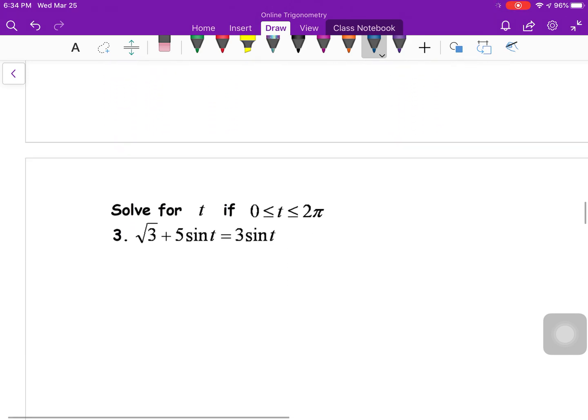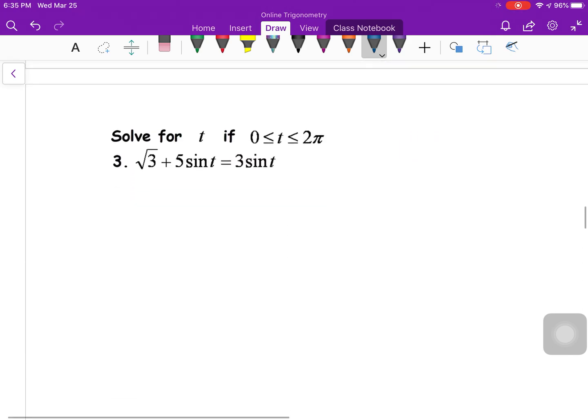Let's take a look at a third example. Now, this third example is a little bit more complicated because in this third example, we do have the trig function on both sides of the equation. And we're in radians this time. So we've noticed by this part of the directions, we are in radians, but we are still restricted to one rotation.